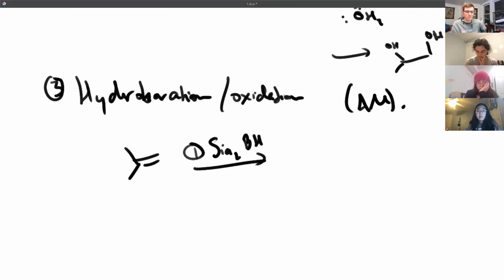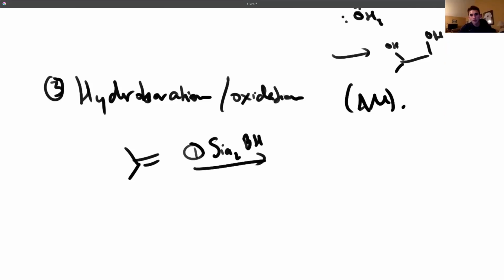Is it because it's bulky? That actually is part of it. Yes, in part, it is. There's another good reason though. It only has one hydrogen? Yeah, exactly.